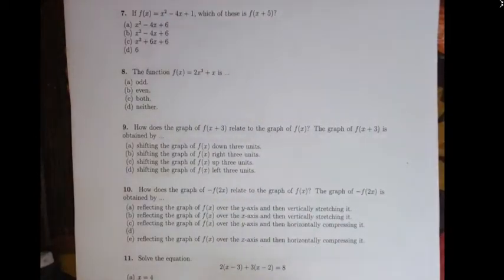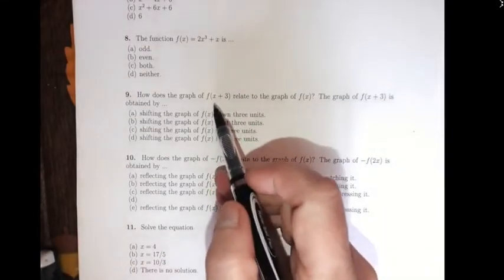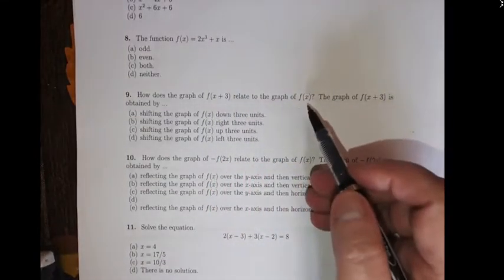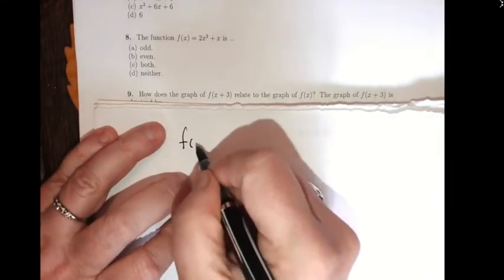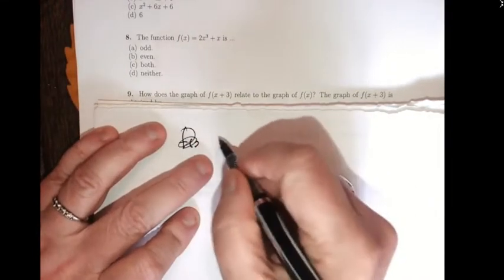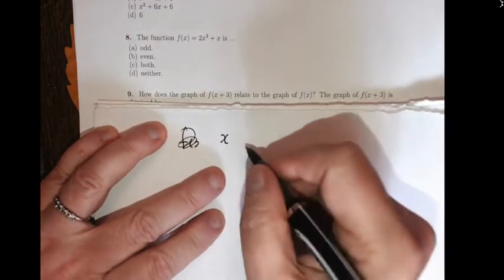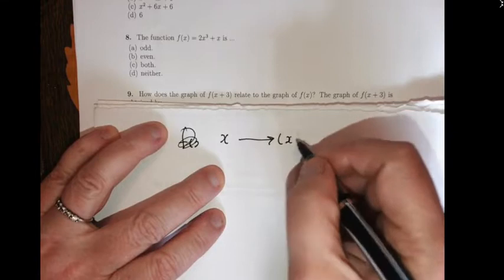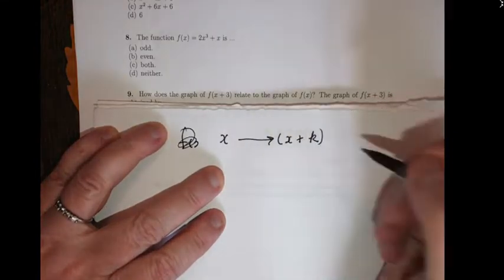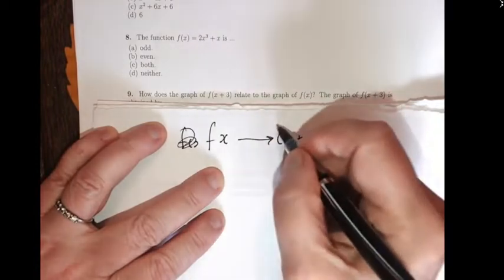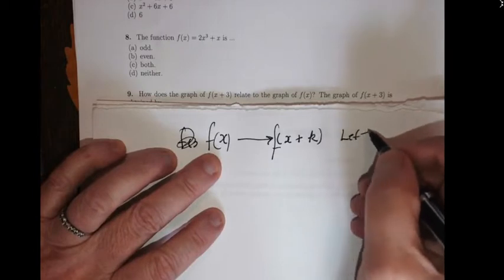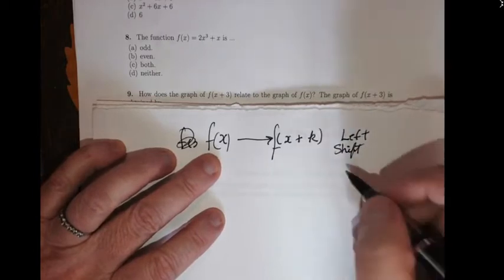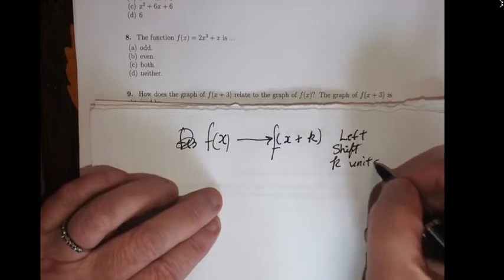Okay. All right, how does the graph of f of x plus 3 relate to the graph of f of x? Well, we have to remember our transformations. So there was a chart, and if the x is replaced with x plus k, then what happens is we have a left shift of k units, where k is a positive number.